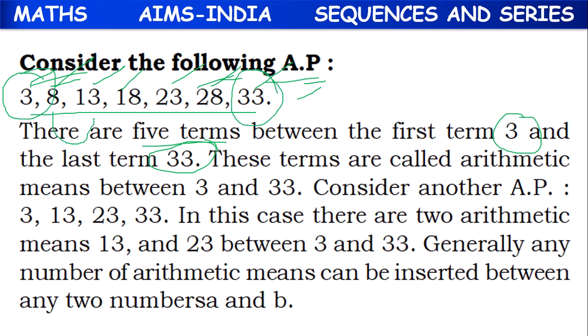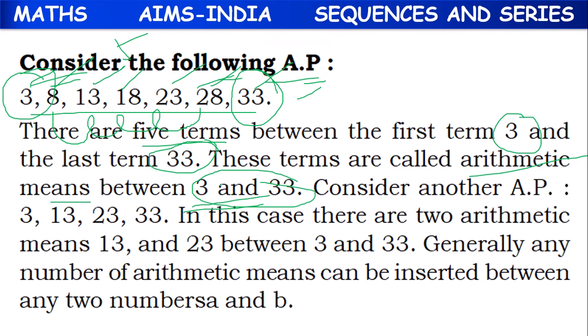Between them we have 1, 2, 3, 4, 5 terms. So these 5 terms which are in the middle of 3 and 33 are considered as arithmetic means between 3 and 33.